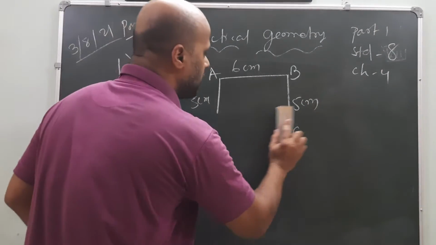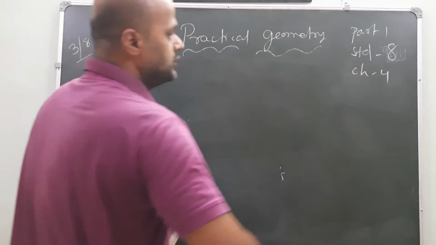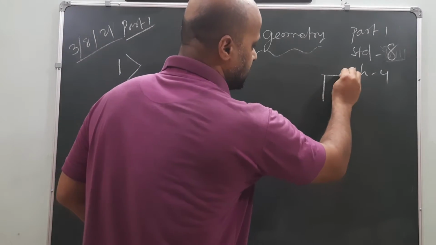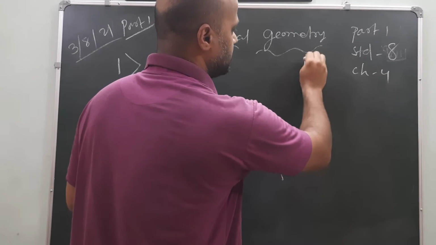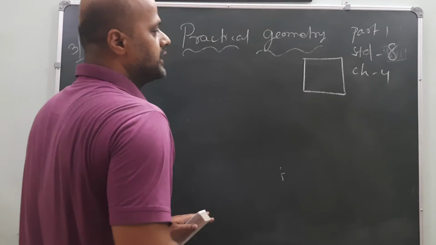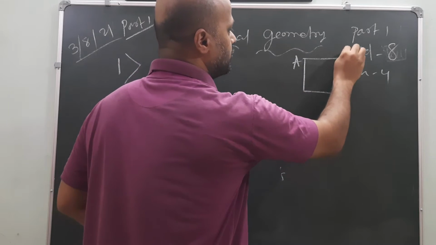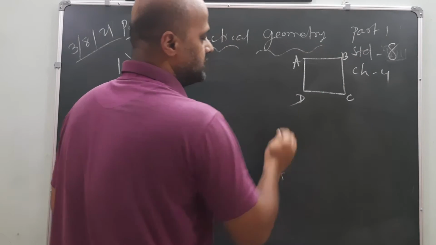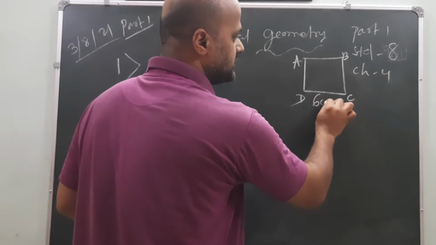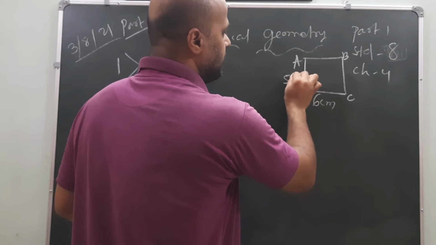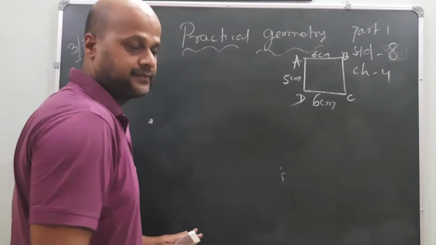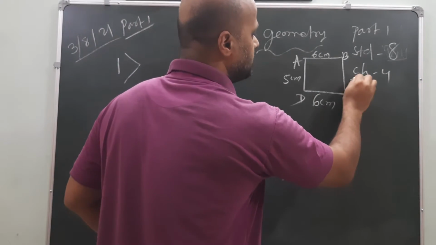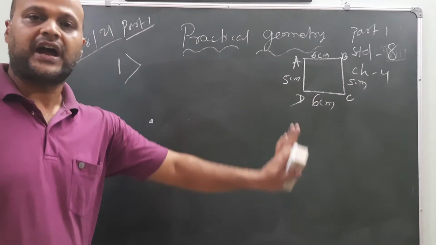In the right hand side top corner, you draw a rough sketch and name it A, B, C, D. CD is 6 cm, AD is 5 cm, AB is 6 cm, and BC is 5 cm. This is the rough sketch I have done.